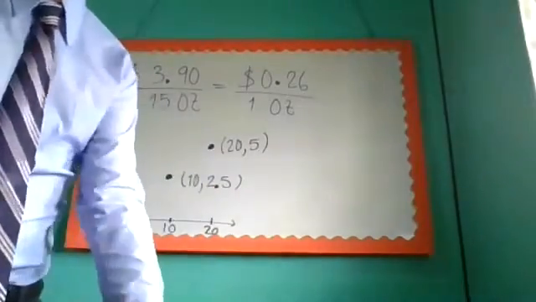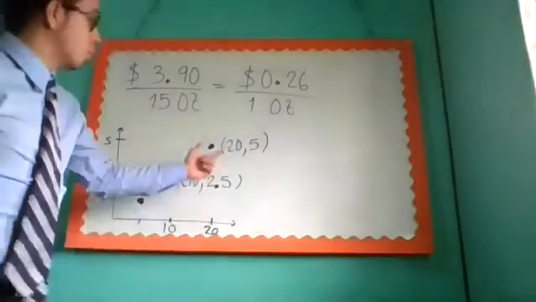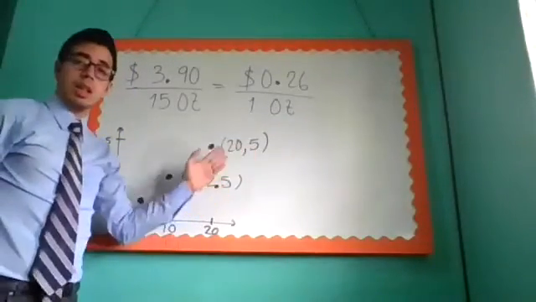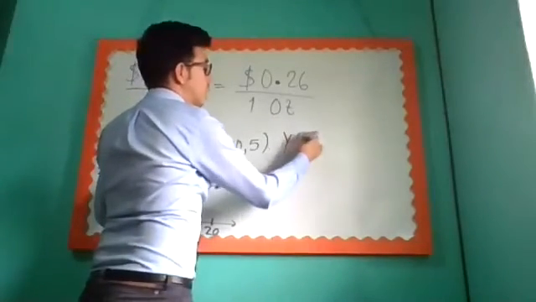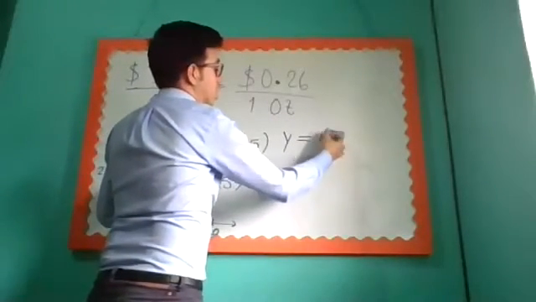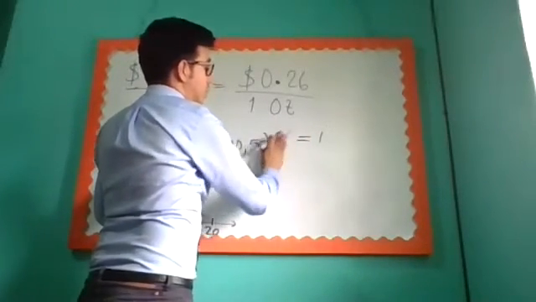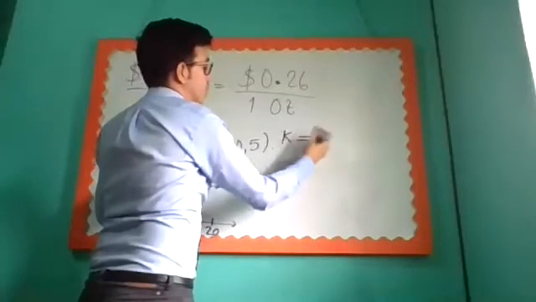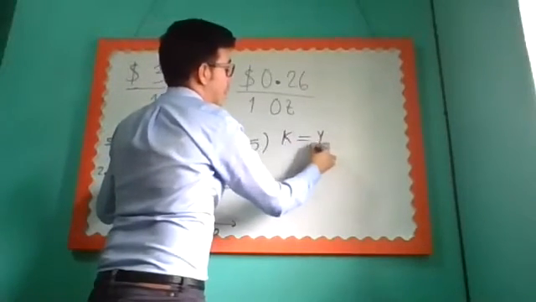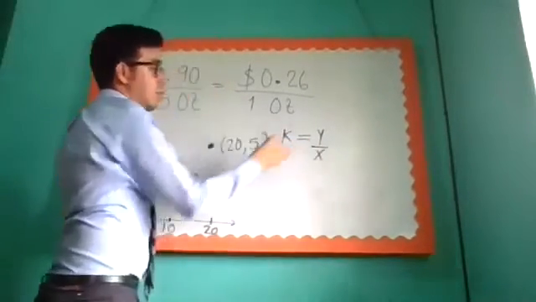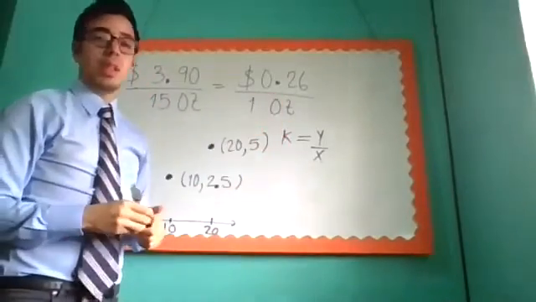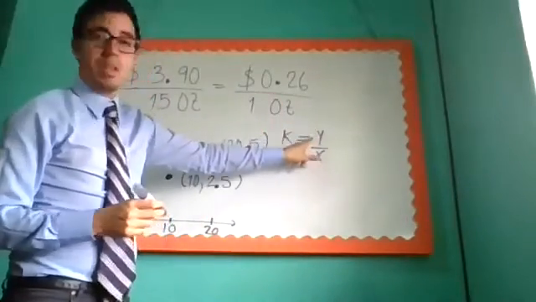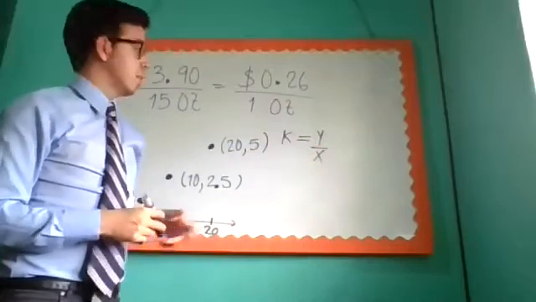Now I need to subtract. Remember that I need to subtract the value of the x and the value of the y. The formula is k equal y over x. I was going to write the other equation, y equal k times x, but in this case we need the form of the division, y over x.